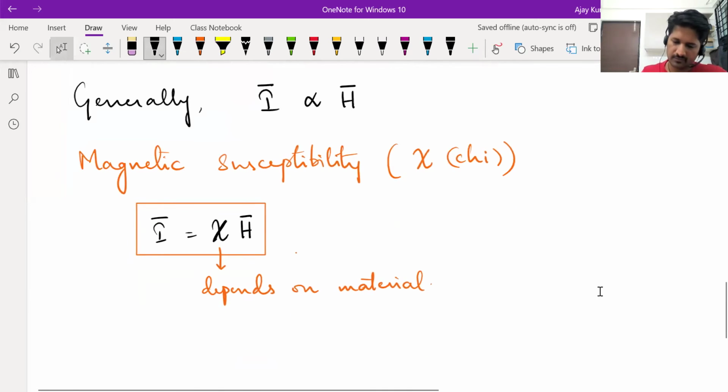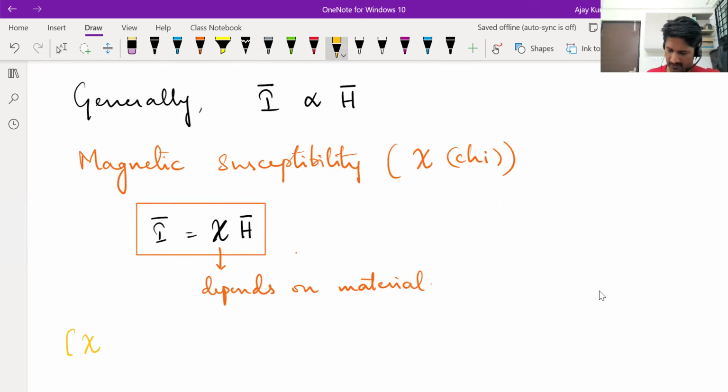Fine. So tell me the SI unit and dimensional formula of susceptibility, magnetic susceptibility. From this formula itself, you can tell. This is the only formula we have involving susceptibility.